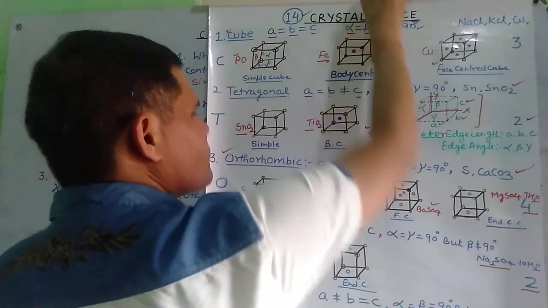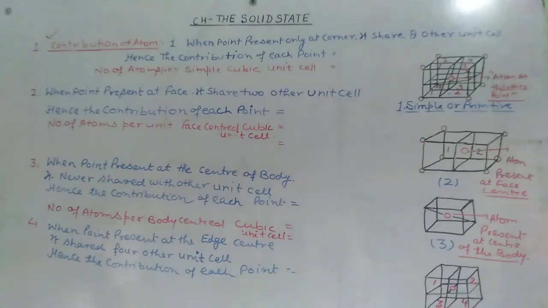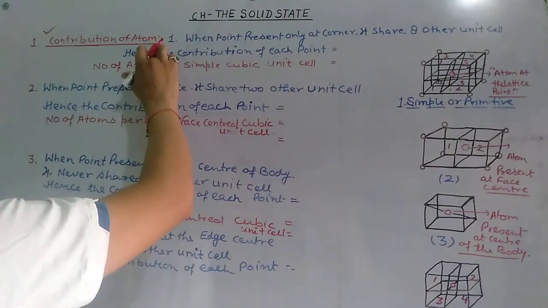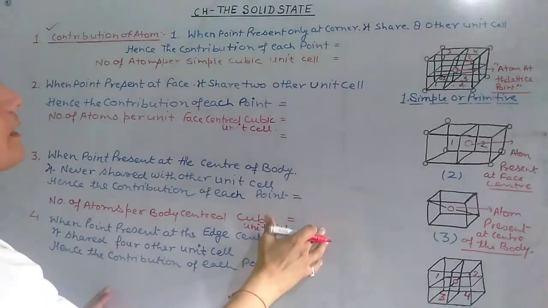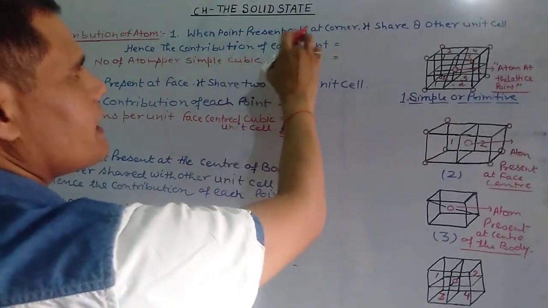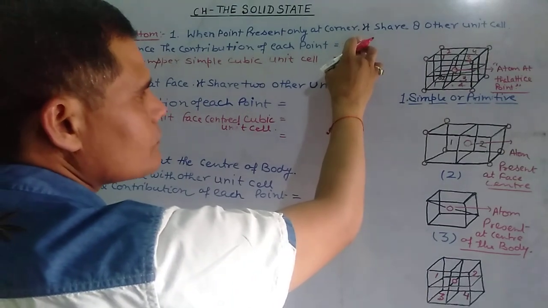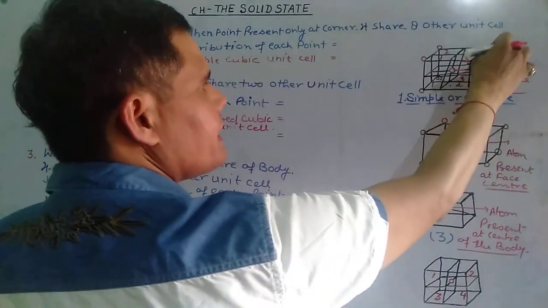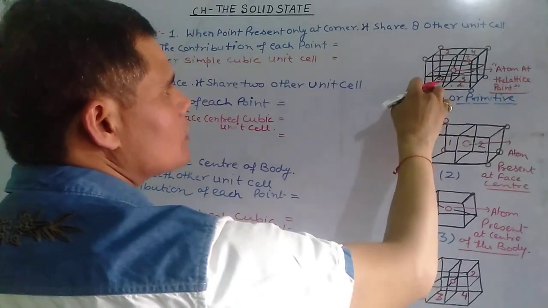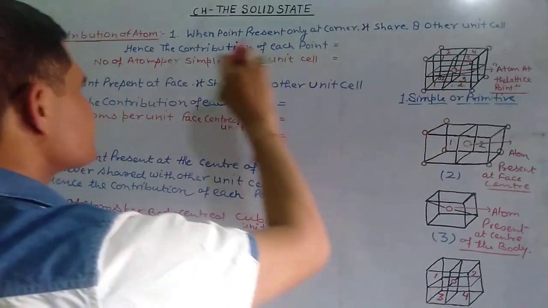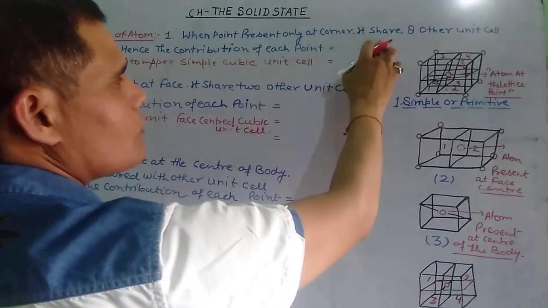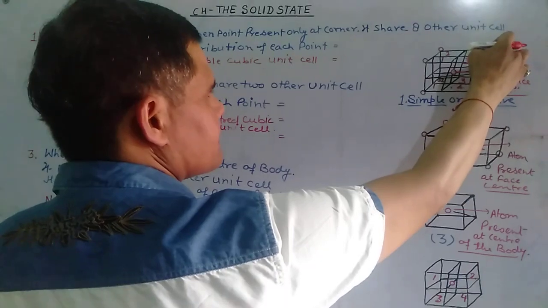Next one we will discuss is another discussion point, contribution of atoms. When particles are present only at the corners of the unit cell, then each point is shared with 8 other unit cells.